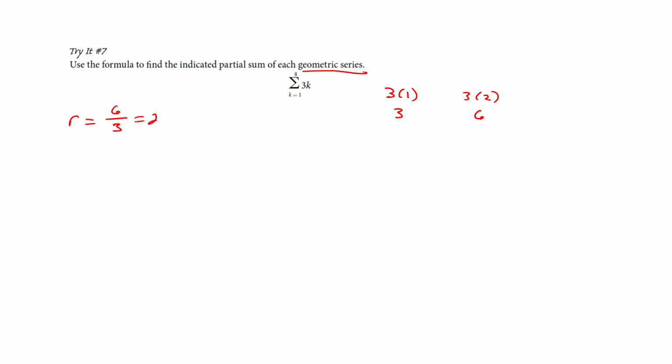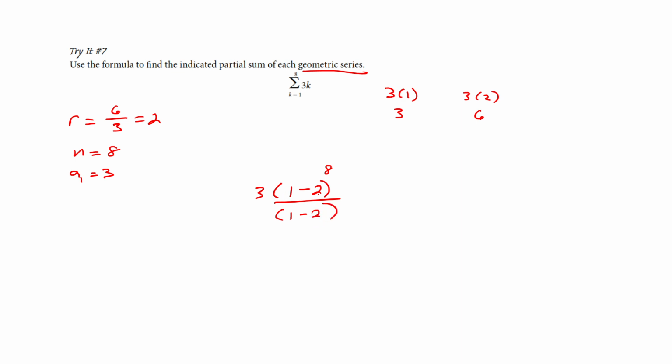So r is going to be 2. I know n is 8, and my first iteration is 3. So let's put it in the formula. It needs the first iteration times 1 minus r to the 8th divided by 1 minus r.